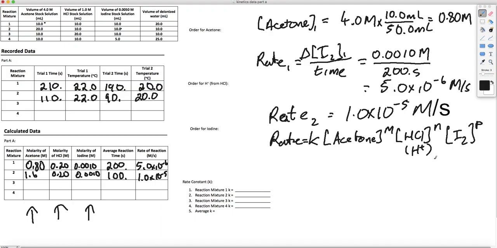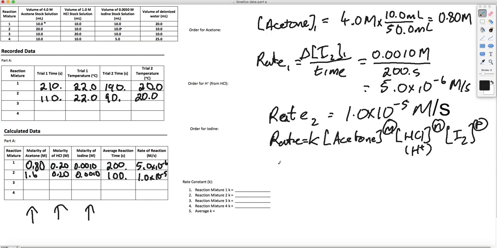You might see that because that's actually what's going to be doing the work here, not HCl necessarily by itself. But you might see H plus there instead of HCl. And what we're interested in here is these values M, N, and P. And you can see that if these concentrations are the same, the HCl and the I2, then those are going to end up cancelling, and all we'll be left with is what's going on with the acetone.